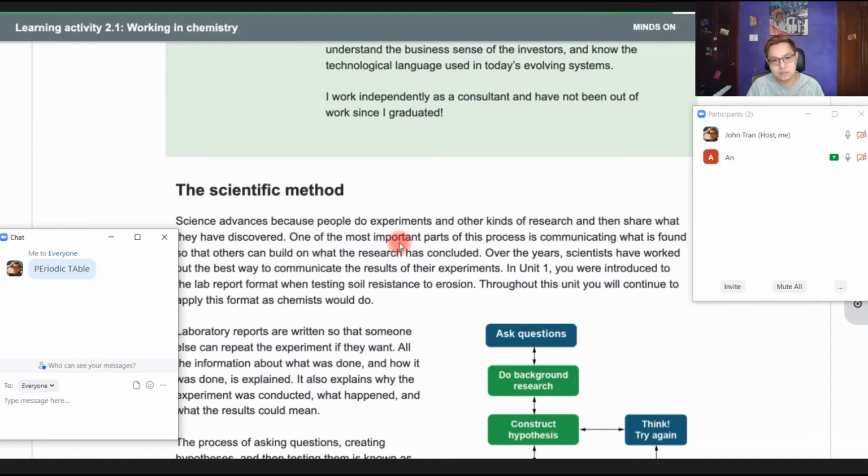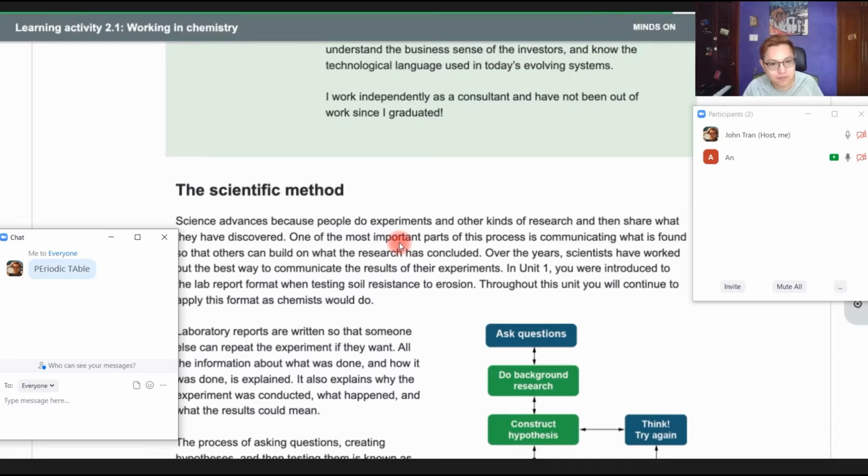Over the years, scientists have worked out the best way to communicate the results of their experiments. In Unit 1, you were introduced to the lab report format when testing soil resistance to erosion. Throughout this unit, you will continue to apply this format to chemistry too.